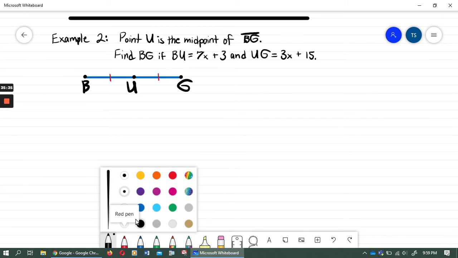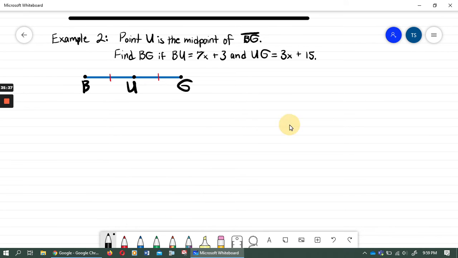Okay, now we've got our diagram drawn, and they told us they wanted us to find the length of segment BG. They said find the length of segment BG if, and then they give us this other information.